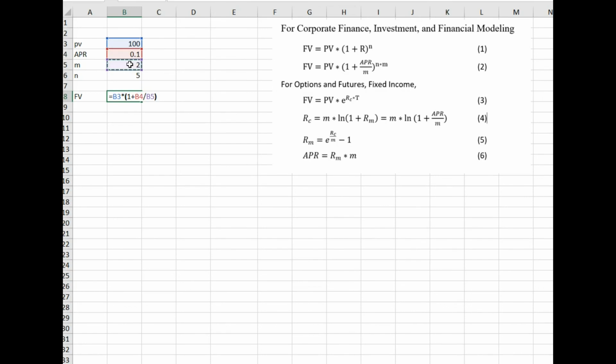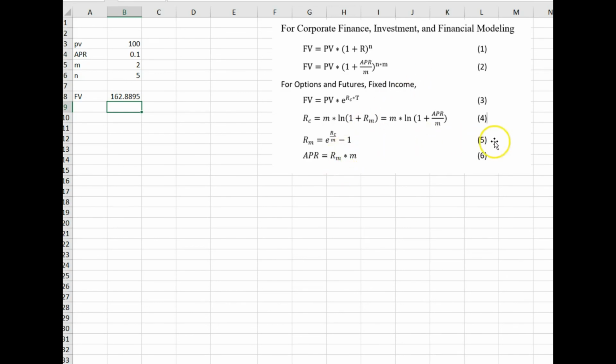The power is not 5 years, it's 10 years, because 5 times 2 is 10 periods. The future value is $162.89, based on equation number 2.